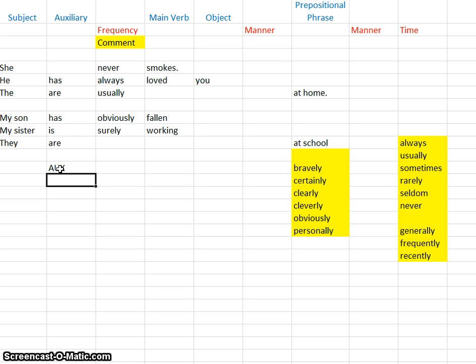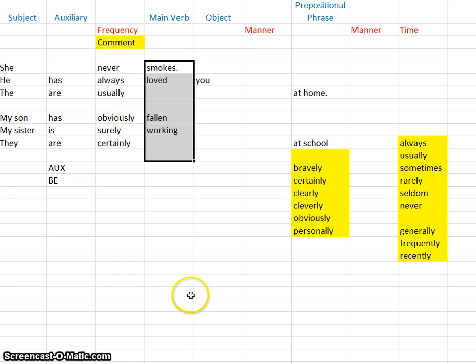So an auxiliary or be goes in this location. After the auxiliary, after be, if it's the only verb, they are certainly at school. So in this location, we have the frequency adverbs and the comment adverbs. After a first auxiliary, after the verb to be, before other main verbs.